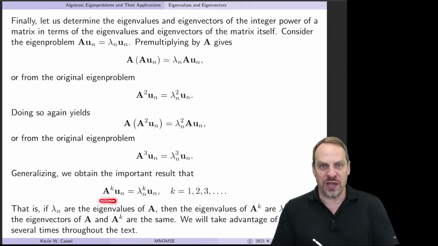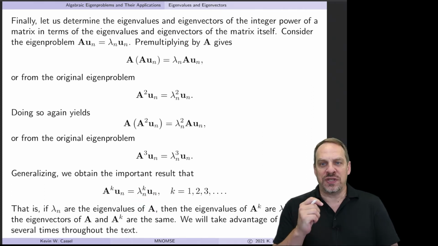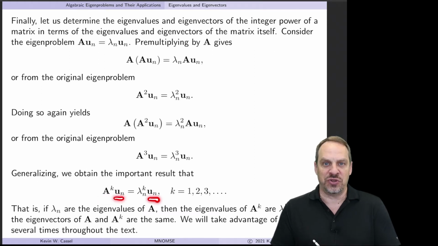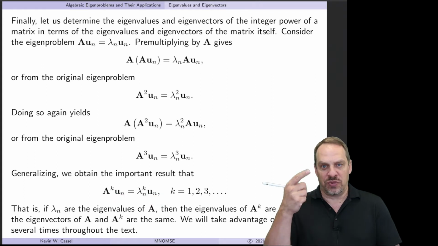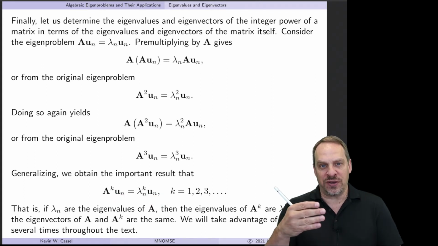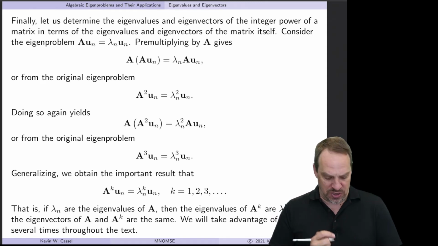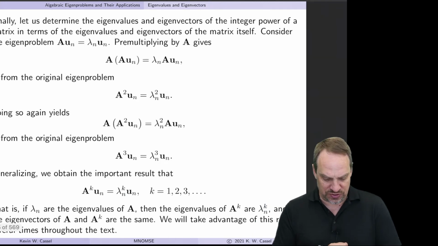For A to any power k, the eigenvalues will be the kth power of the eigenvalues of A, whereas the eigenvectors of A to the power k are going to be the same as the eigenvectors of the original matrix A. So easy to remember: eigenvalues take the kth power, eigenvectors are the same. And again, we'll see this come up several times throughout the coming sections.